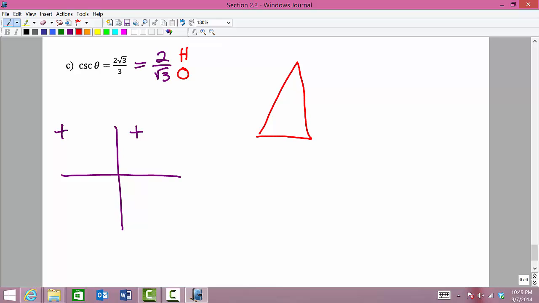So which angle are we describing? Let's go back to our special triangles. These 60, 30, 90, and let's draw in our sides. And 2 has to be the hypotenuse, and square root of 3 has to be the opposite side.